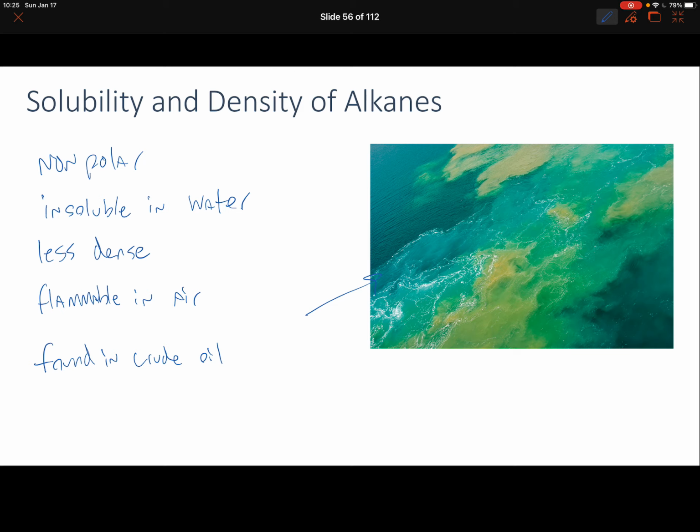All the gases come off first, all the liquids come off second. Ultimately, we end up with something that we can refine and use for the higher and higher quality fuels like jet fuel, and then ultimately we get like tar and asphalt type materials. But all of the low melting point, low boiling point alkanes that we looked at, 1 through 10 carbons, 1 through 20 carbons really, will come out of oil.